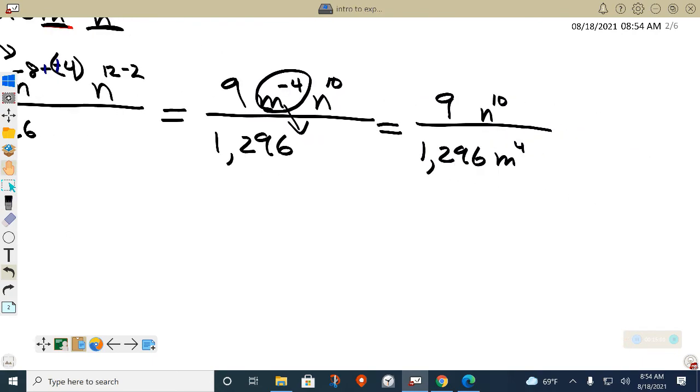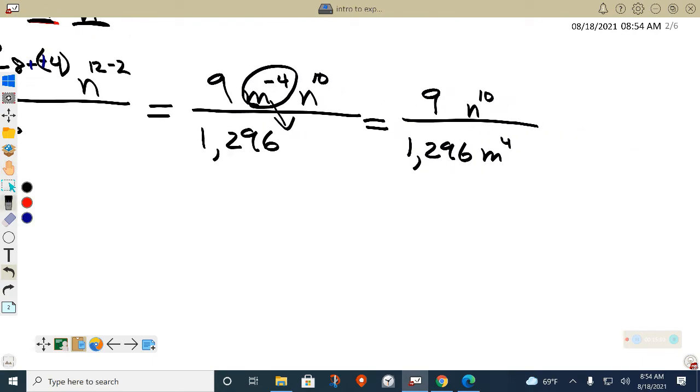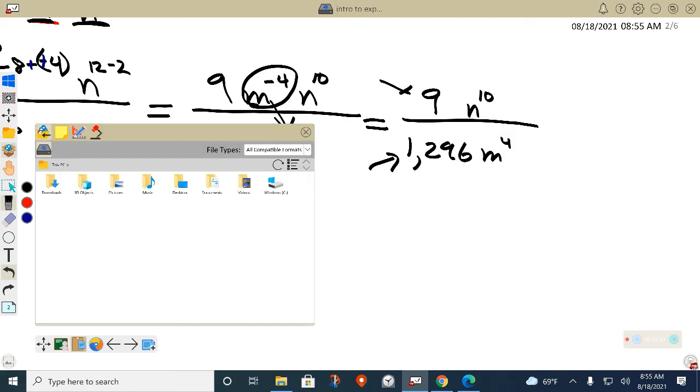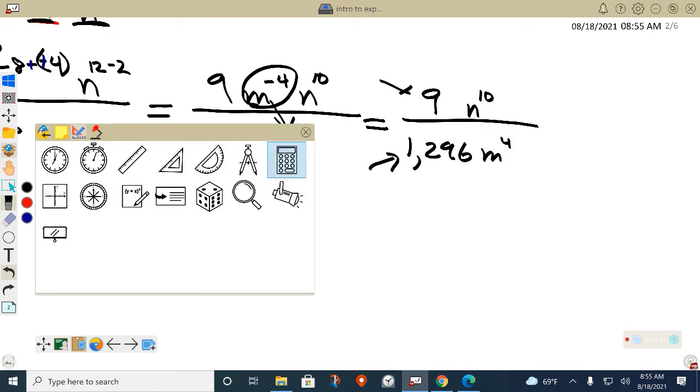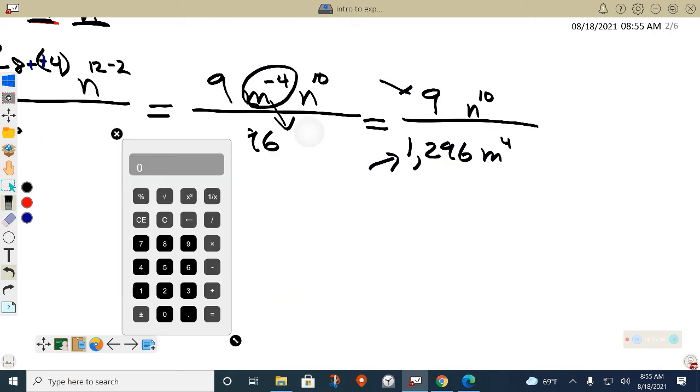Sorta. Let's see if I can simplify the numbers, the fractions. The 9 and the 1296, if it's a fraction, let's simplify it. Let me see if 9 goes into 1296 on my calculator. So 1296 divided by 9. Nice.